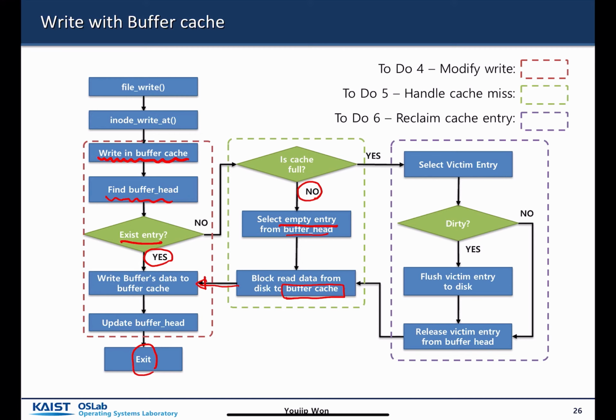There is an interesting part. Block read data from the disk to the buffer cache here. This part. Read here, block read here is required only for the partial write.